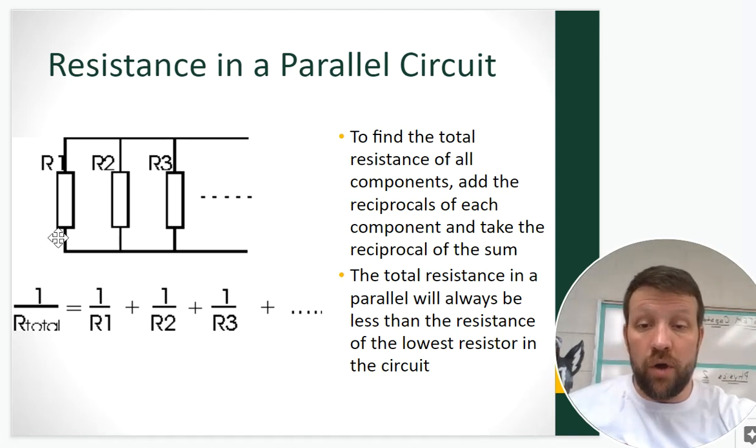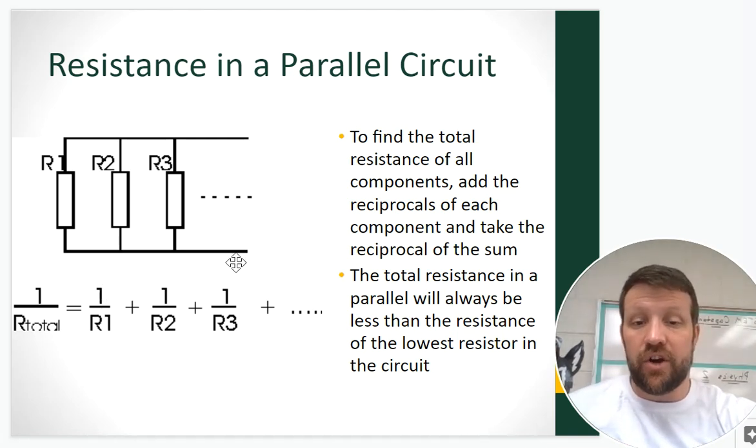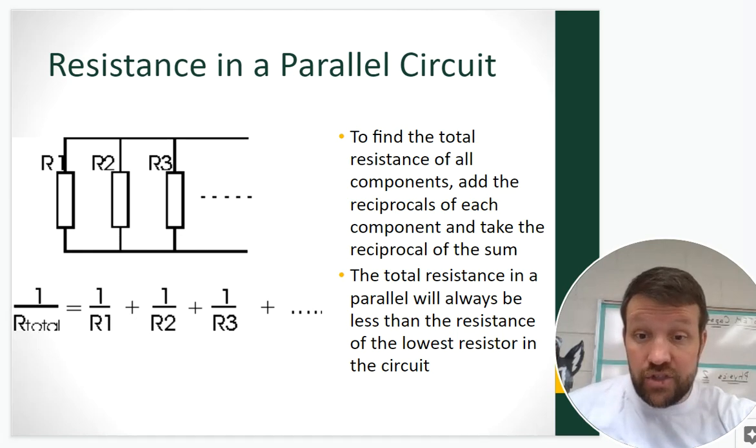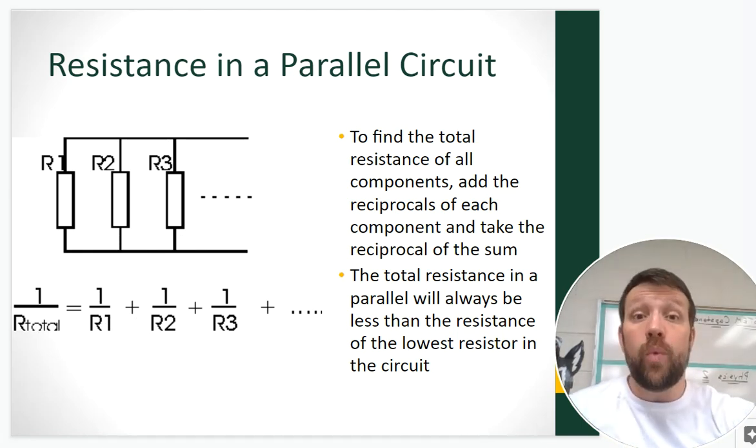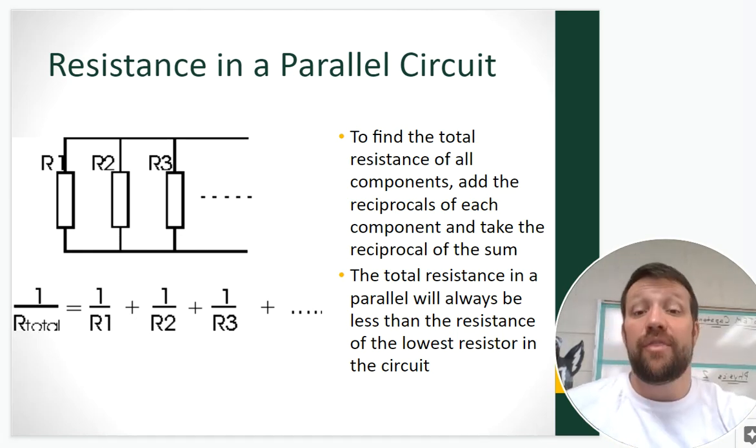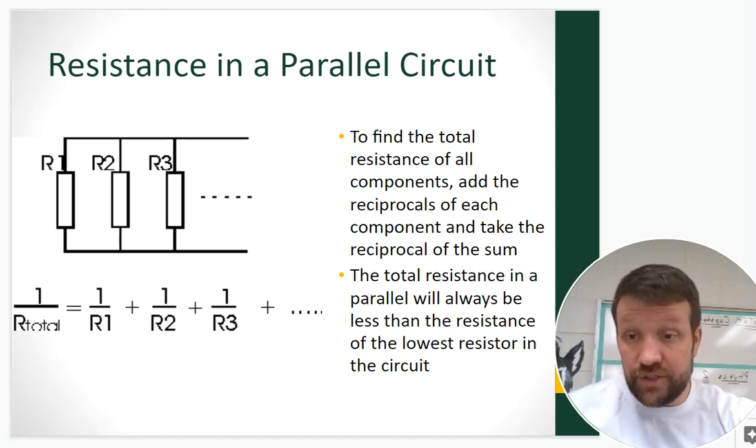So 1 over R1, if these are my 3 resistors, and I've got a current flowing through here, so some goes there, the remainder goes here, they all flow through and meet back up to head back this way, right? The total resistance of these 3, R total here, is going to be 1 over each of the others. What this means is the total resistance will always be less than the smallest resistor.